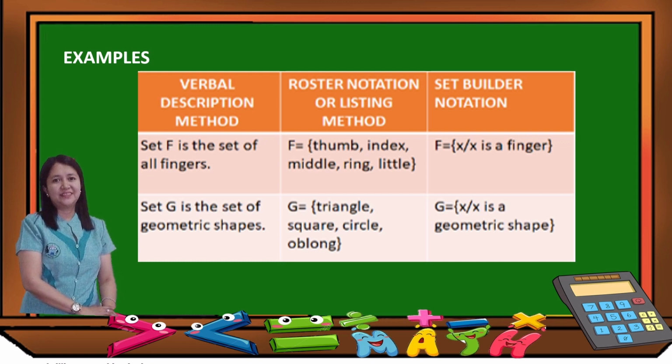How about set G? The elements are triangle, square, circle, and oblong. Now, writing the set builder notation for number 1, set F is the set of all x's such that x is a finger. How about number 2? Set G is the set of all x's such that x is a geometric shape.